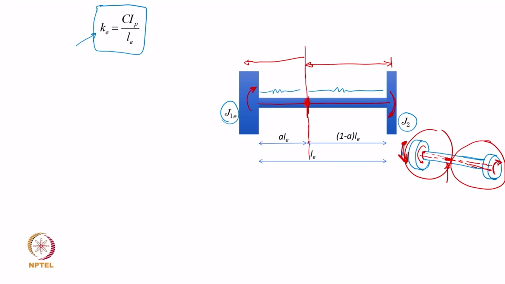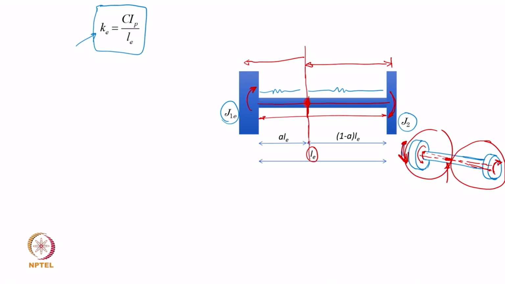So, they are going to simply oscillate like this in opposite phase, which gives us a position of 0 displacement somewhere here. We do not know where exactly the node position or 0 displacement position is. So, what we do is we assume that the total length here is LE, the equivalent length of the total shaft. Now, mind you, this is a total shaft which embodies some part of this shaft corresponding to the original turbine shaft, and the other remaining part is the generator shaft part, equivalent generator.